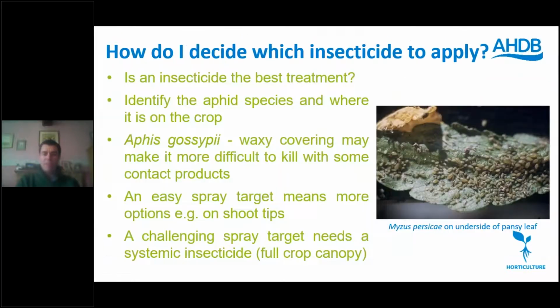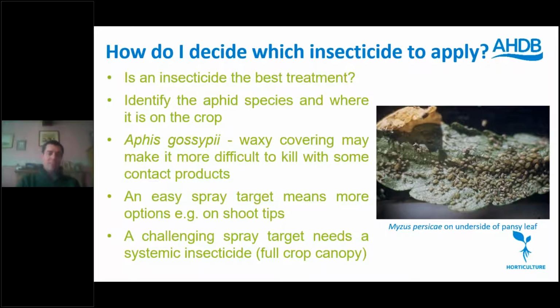Okay, next slide, Chloe. So how do I decide which insecticide to apply? Firstly, I would say on your crop walking, which Chloe's touched on, you really want to be doing those weekly. And if you or your staff haven't got a hand lens, one of the best bits of advice I would give you is to get one to help you with that.